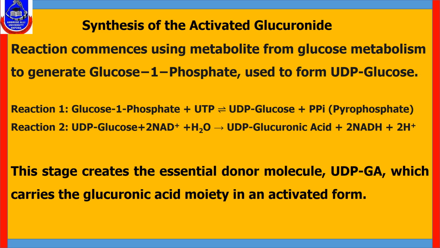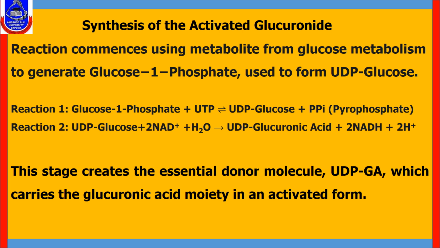Now let's look at the stages. Synthesis of the activated glucuronide, which is stage 1. Now this reaction involves two steps: the formation of UDP glucose and the formation of UDP glucuronic acid.